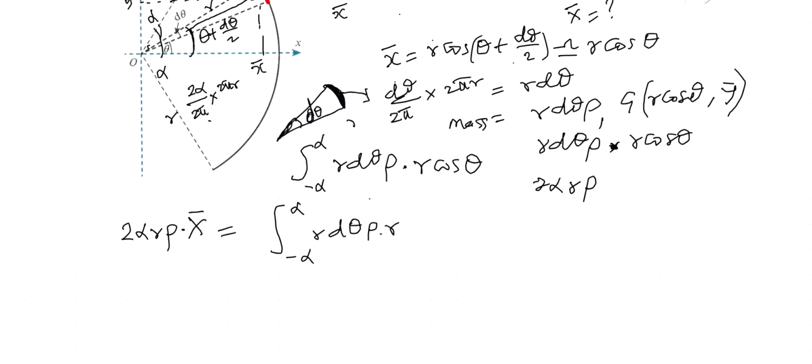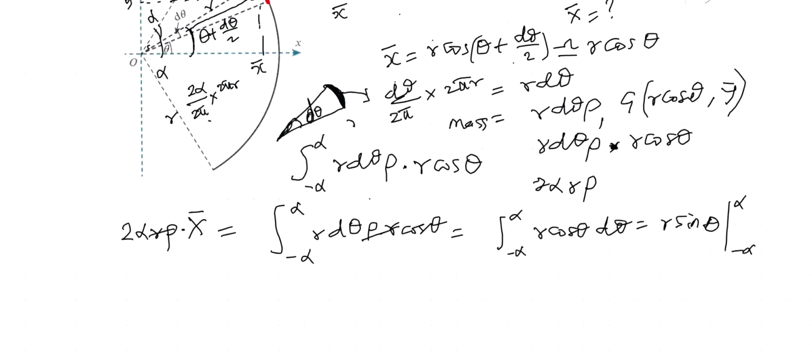Okay, so I can cancel r and rho. Then you will have the integral from minus alpha to alpha of r cos theta d theta. And this gives us r sine theta. We evaluate from minus alpha to alpha.